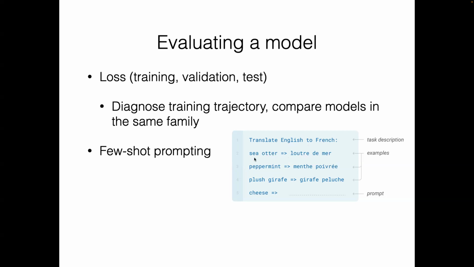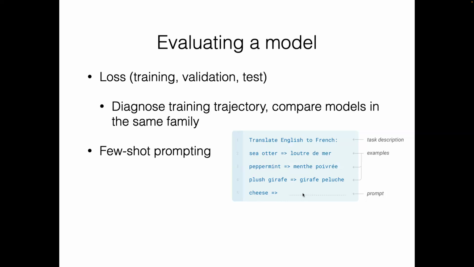So here it's going from sea otter to the French version, and here they gave 3 different examples. And then for your test example, you just give the input. These models generate from left to right, so now you could just have it generate and give you a translation.